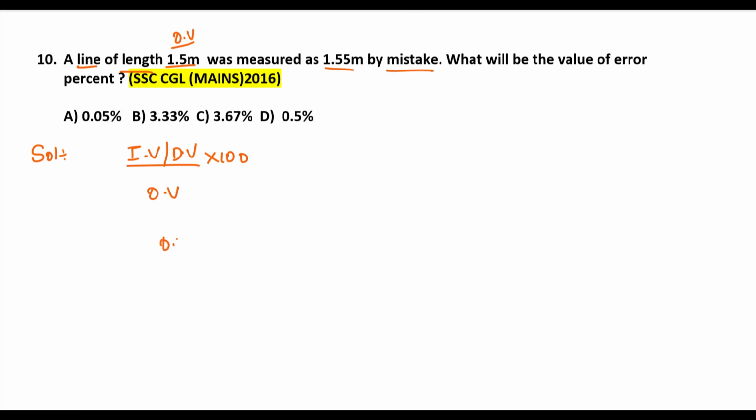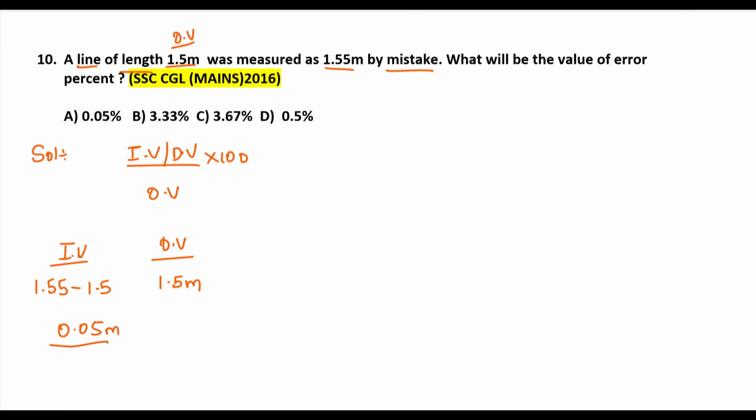The increased value is the difference between 1.55 and 1.5, which gives 0.05 meter.